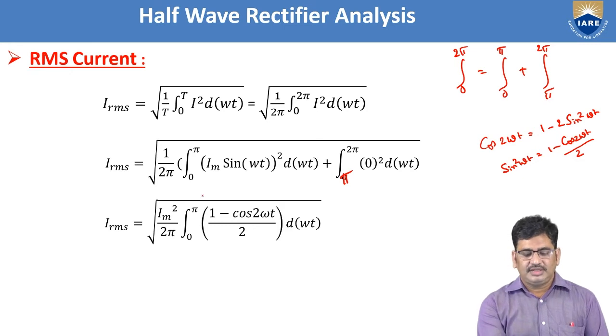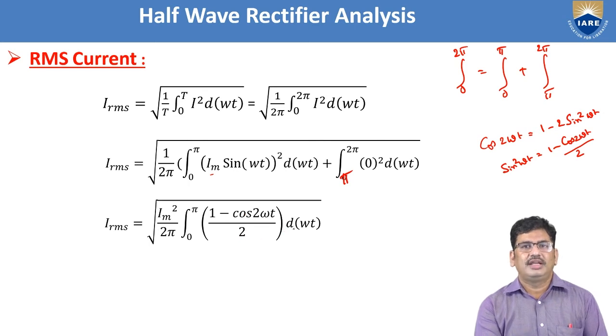Im is a constant, so we can take this Im factor outside. Then it will give us Im square by 2 pi, integral 0 to pi, with sin square omega t written as 1 minus cos 2 omega t divided by 2, into d omega t. Now we need to integrate the term 1 minus cos 2 omega t divided by 2 with respect to omega t, where omega t ranges from 0 to pi.